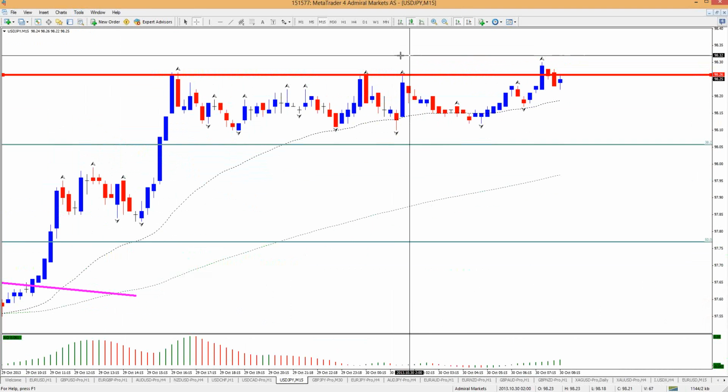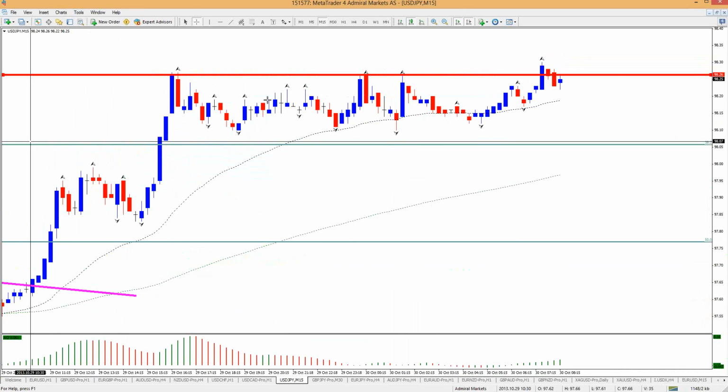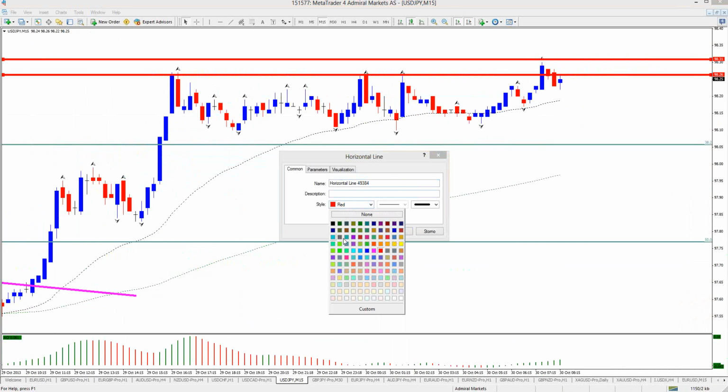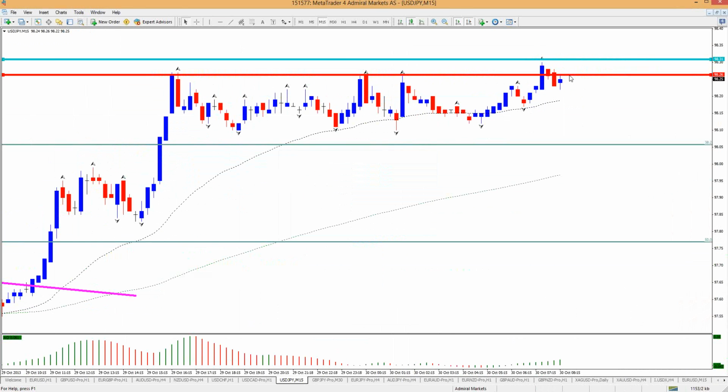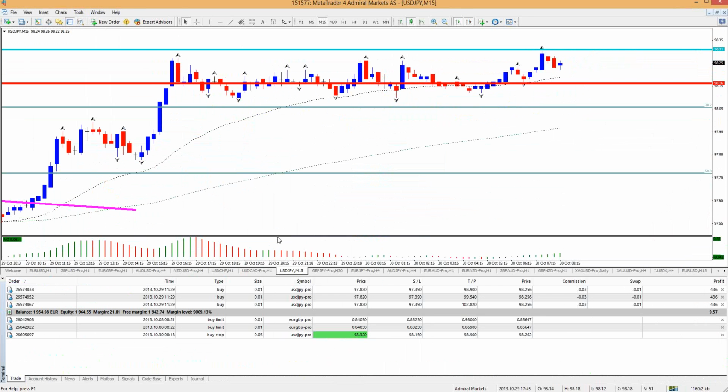Any questions maybe at this point? So that's basically the idea. Here it is, indicated by these blue lines.